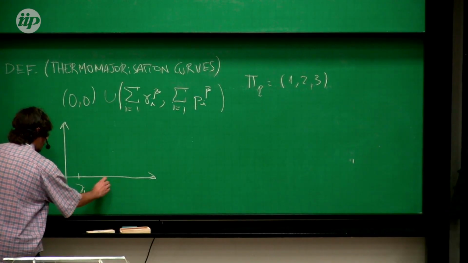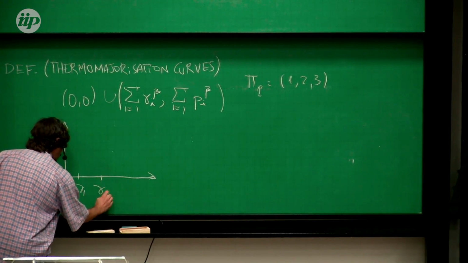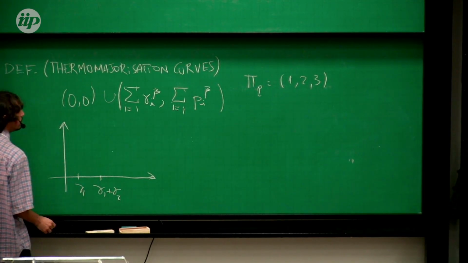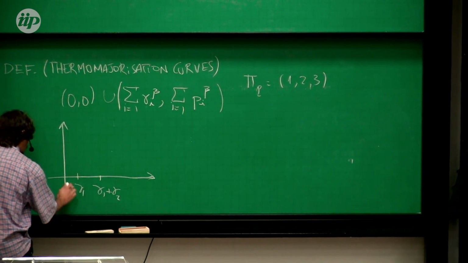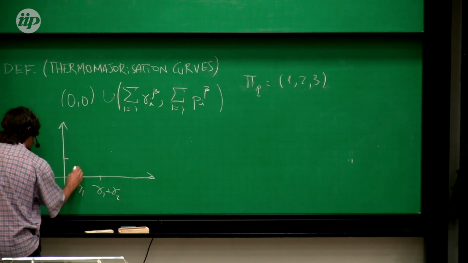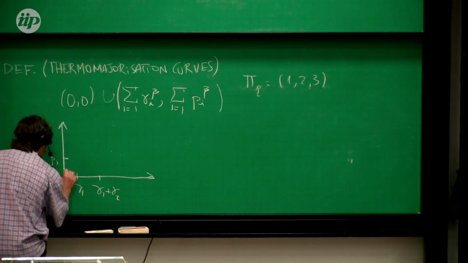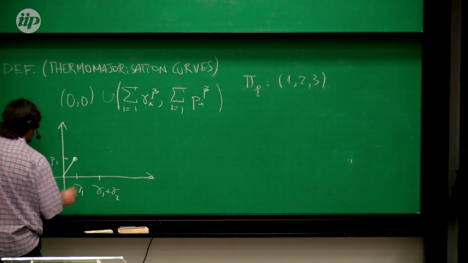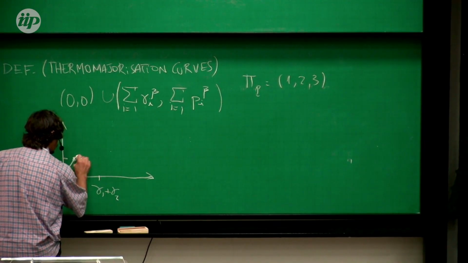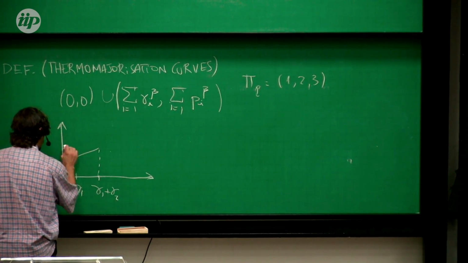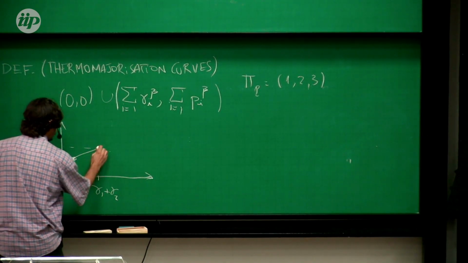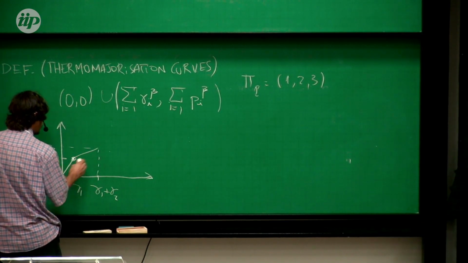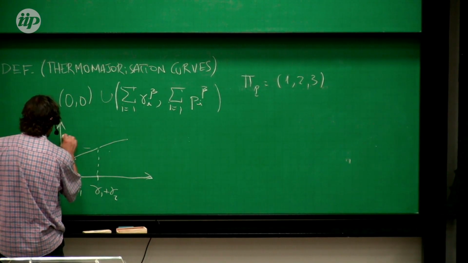In the second point, I have gamma 1 plus gamma 2, right? And then in the y-axis, I have my P1. So I will join these two points. I have an elbow here. Then here, I will have P1 plus P2, and so on and so forth. If the dimension of the system is 3, this goes to 1.